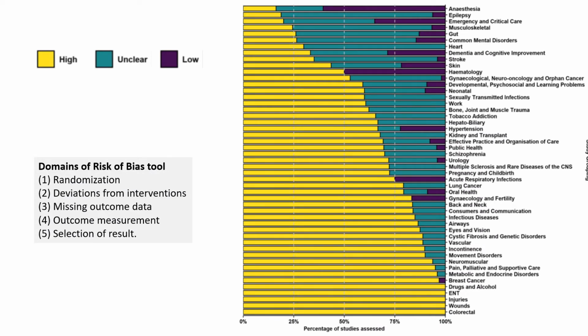The authors extracted the risk of bias ratings from these 1,600 trials. And as a reminder, you can see in the gray box on the left, the Cochrane risk of bias tool is a measure of methodological quality, focusing on randomization, deviations from interventions, missing outcome data, outcome measurement, and selection of results.